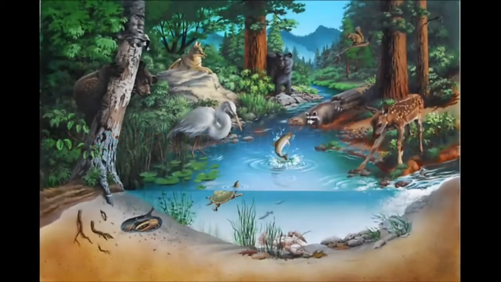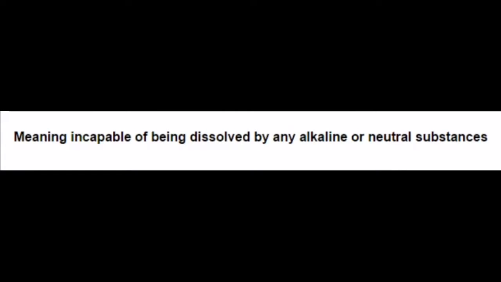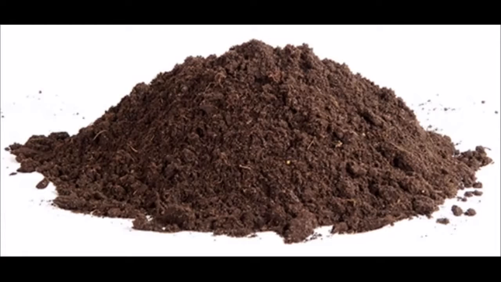For acid rain's effect on the ecosystem, we will first start with the effect on plants and trees. Soil is known to naturally contain a metal called aluminum, which keeps the soil rich. Aluminum is insoluble, meaning incapable of being dissolved, and is harmless to neutral soil, meaning at a pH of 7.